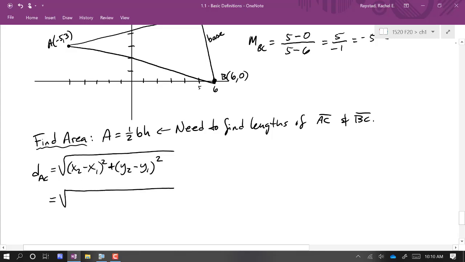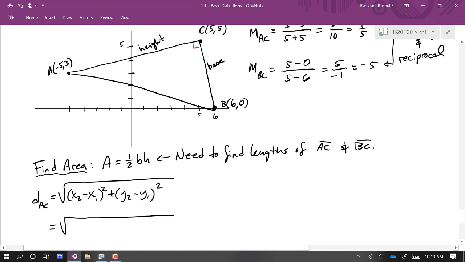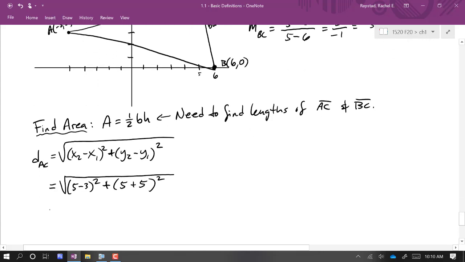So for AC, C is 5, 5, so we've got 5 minus 3 squared plus, I guess I started with y2 minus y1, but that's fine, and then 5 minus a negative 5, so 5 plus 5 squared. So we've got 2 squared plus 10 squared. We have the square root of 104.